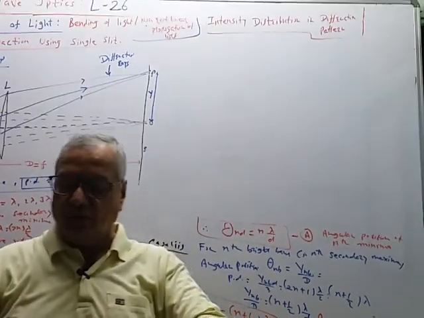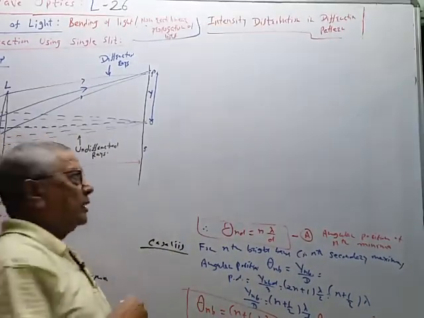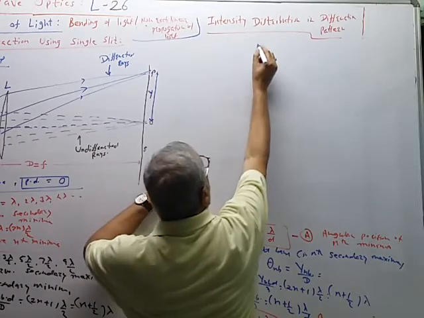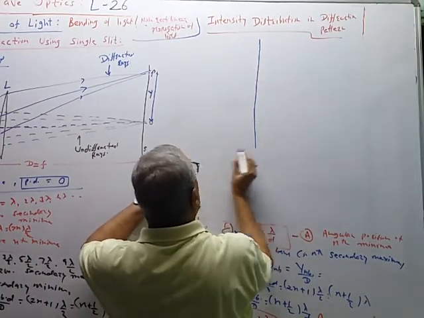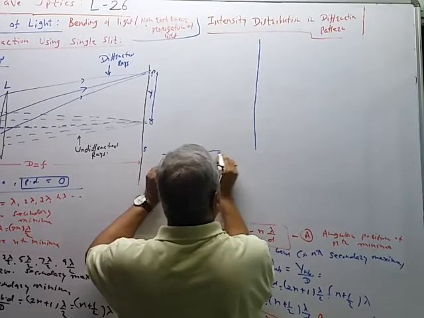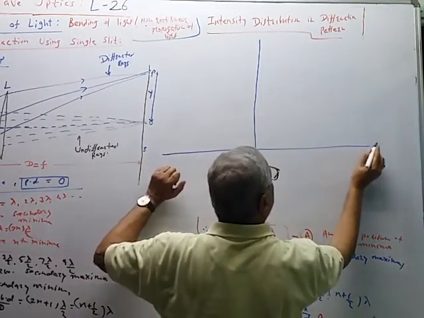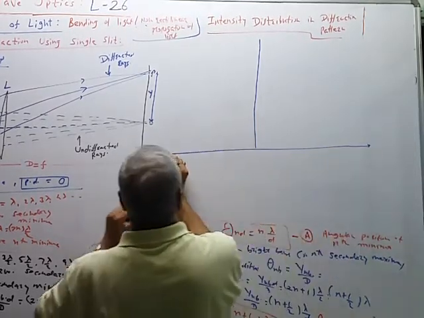So here we are going to plot a graph of intensity against angular separation. On the y-axis we will plot the values of intensity. On the x-axis we will plot the values of theta.